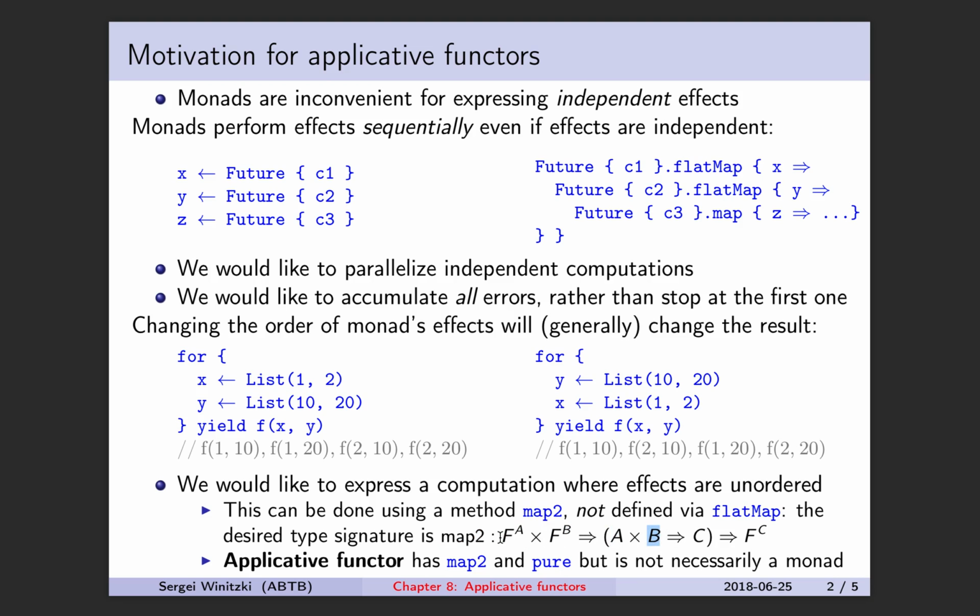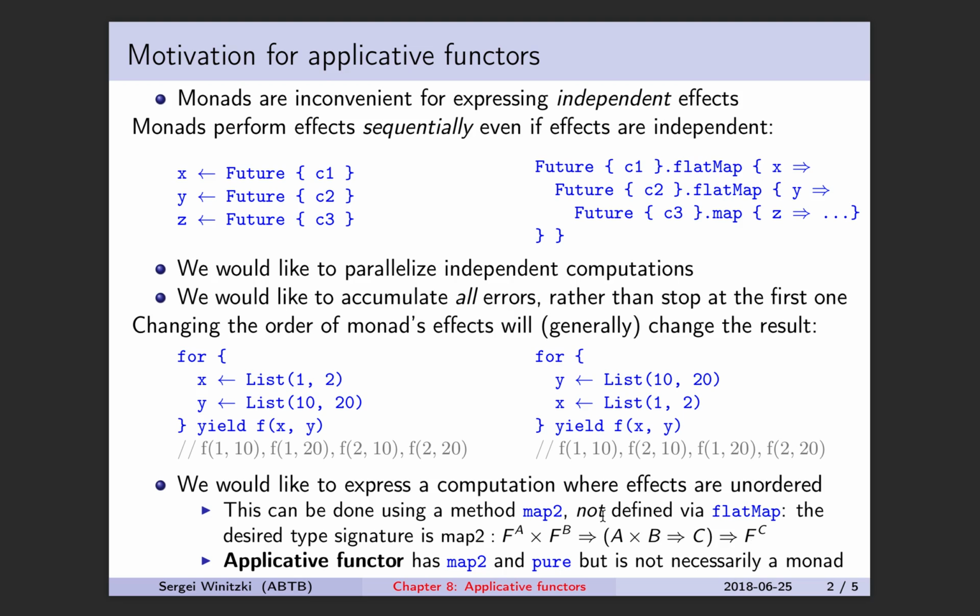So to process several containers in a symmetric way, that is, two or more independent containers having independent effects, and a function that maps their values to some new type, and the result is a new container. So that is the key idea behind applicative functors.